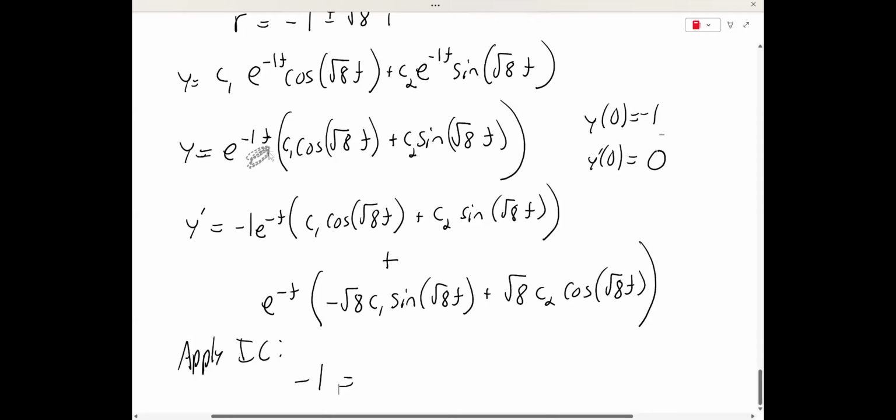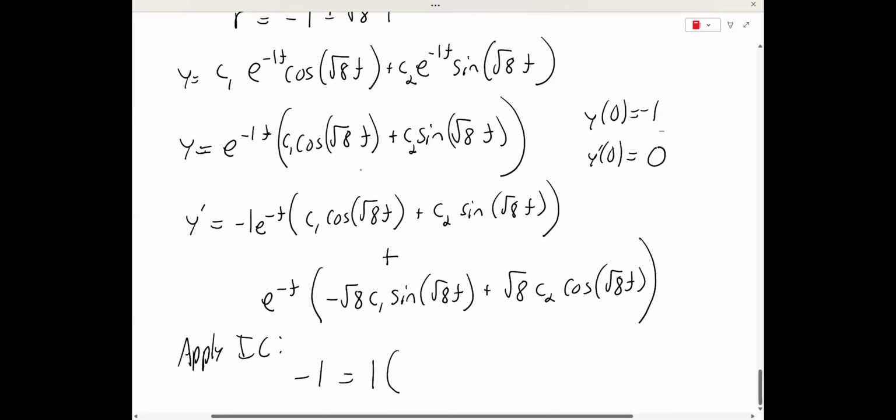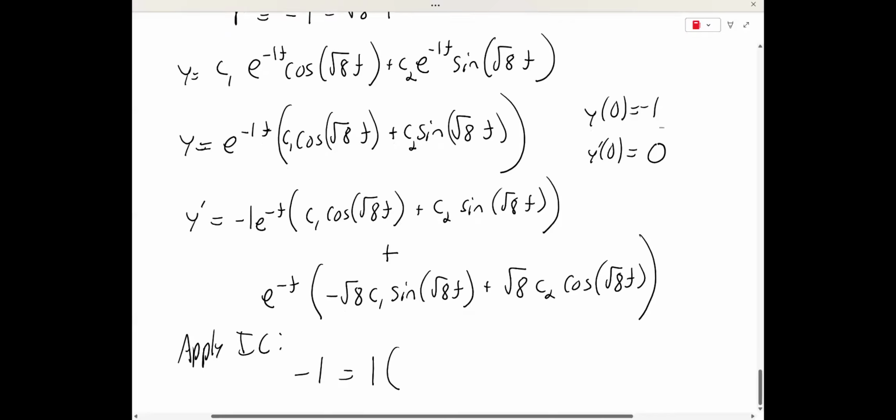This is 1, and then this part, if I put in 0, this stays and that's 1 there, so it's like C1 times 1, and then this part would go away. So you get something like that from the first one.